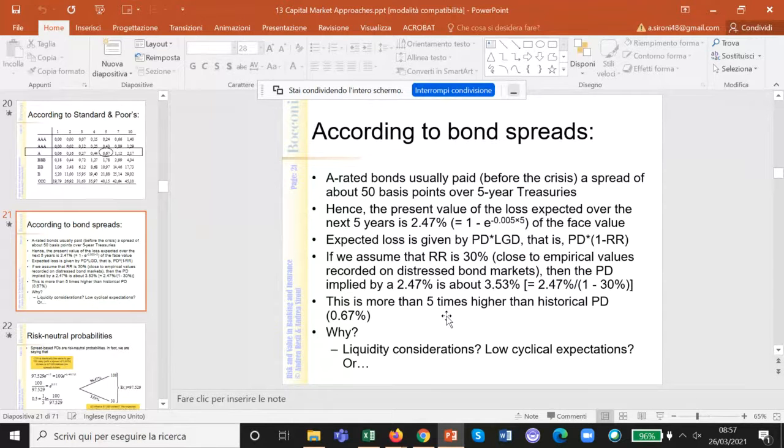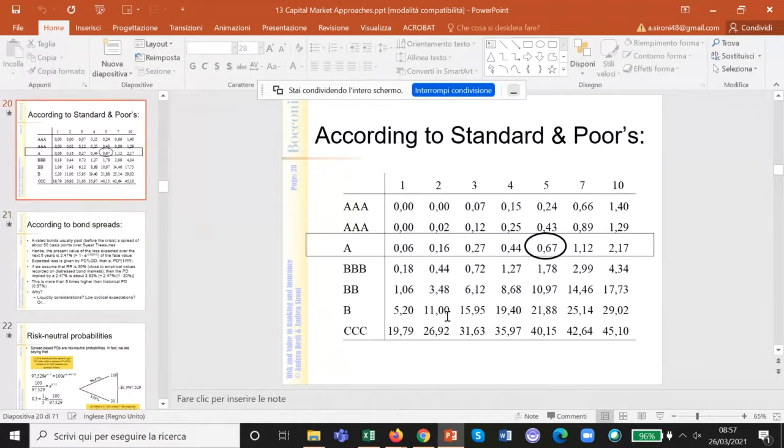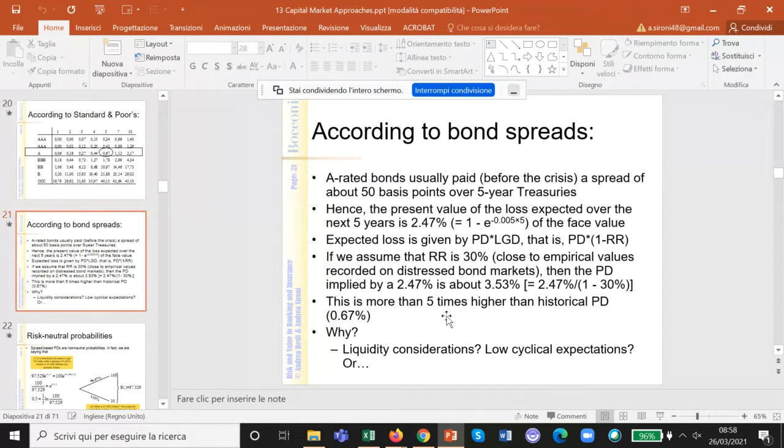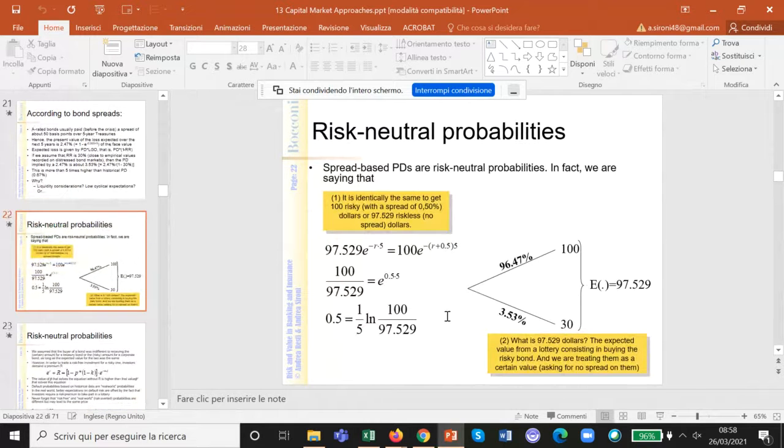Now, this probability of default, which is implied in the spread, is much larger than the historical PD for a single A bond. We saw that the default frequency here, the default rate, which is a proxy of the PD, was 0.67%. Here we got 3.53%. Now, where is this significant difference coming from? This difference is actually coming from the assumption of risk neutrality that we made.